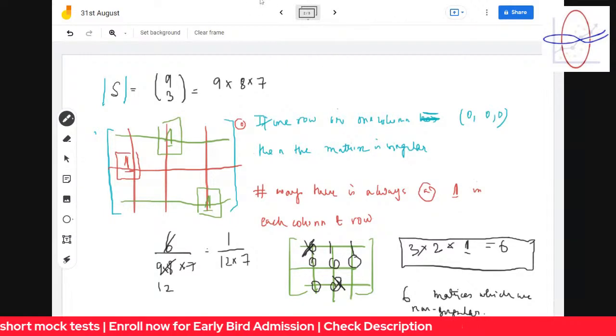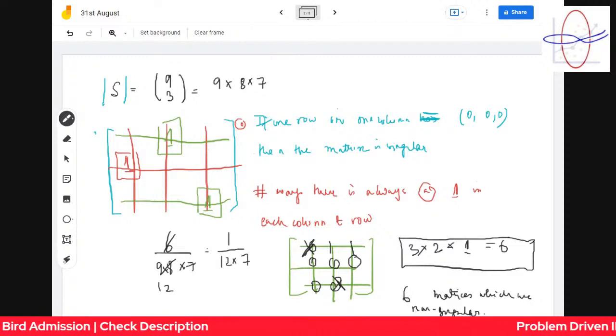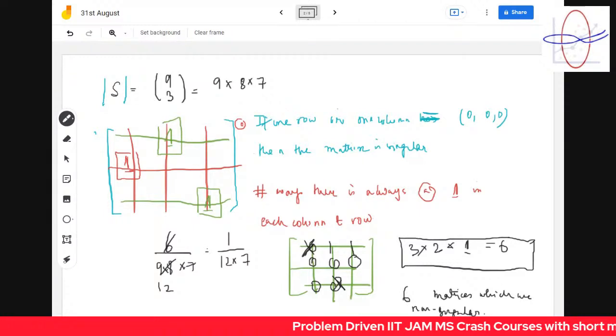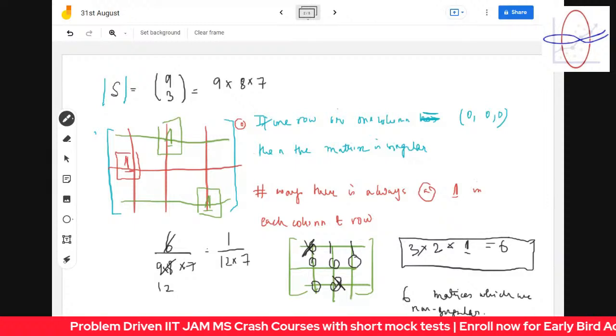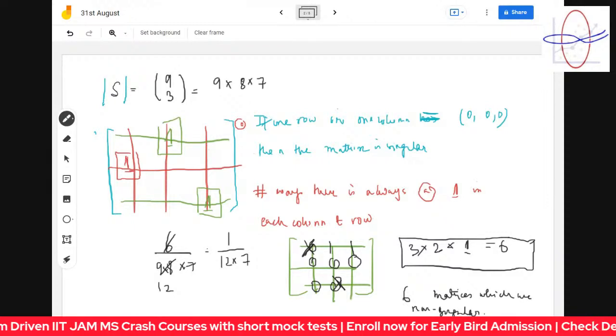So this is the way I have explained in the problem that each row and each column, so permutation matrices, I think I've done something wrong over here.